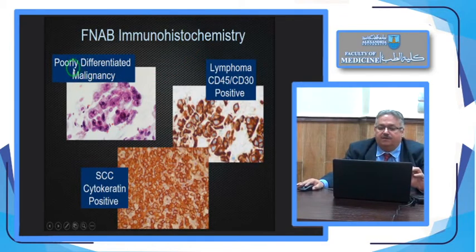It can diagnose poorly differentiated malignancies, and can diagnose lymphoma using CD45 and CD30, if it is CD45 or CD30 positive. And in cases of squamous cell carcinoma, if cytokeratin is positive.